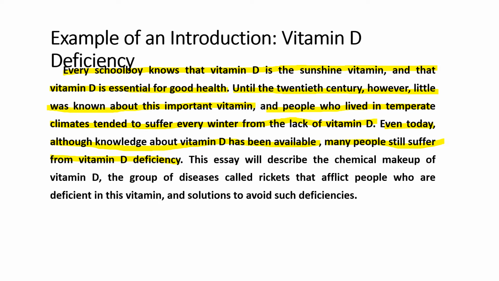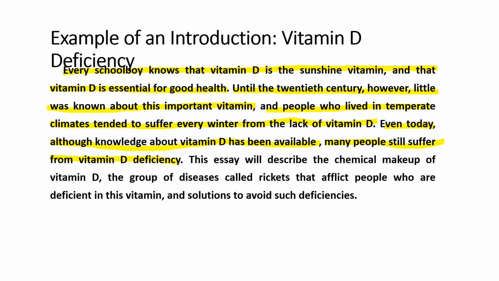Okay, so this is the second part. The first part, a general sentence. The second, some background information. And this background information, as you see here, is given in 2 or 3 sentences.